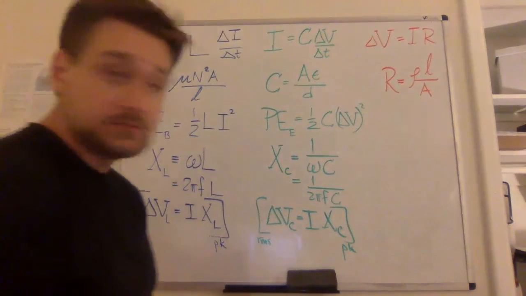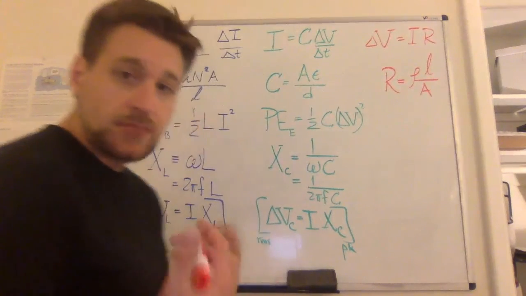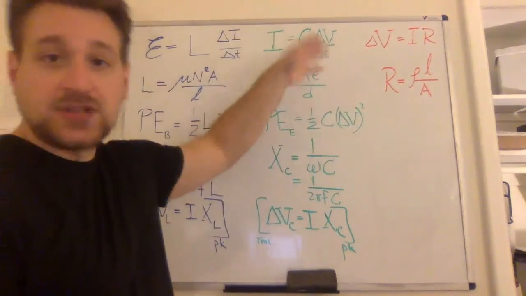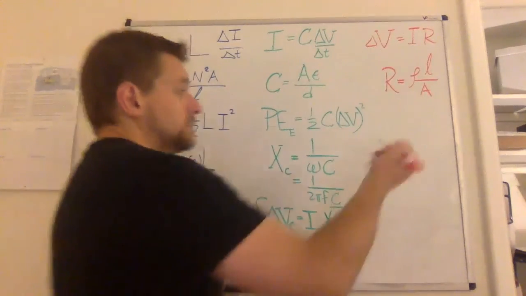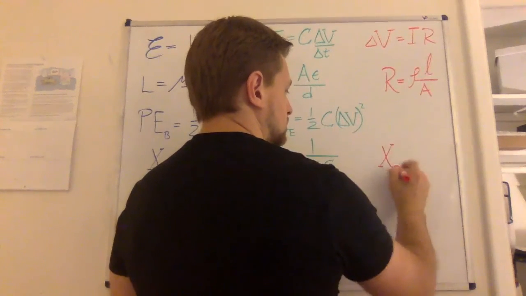we could define the reactance of a resistor, but there's no frequency dependence. We don't have to wait for the rate of change of anything. It doesn't matter what frequency we alternate the current. It's still Ohm's law.